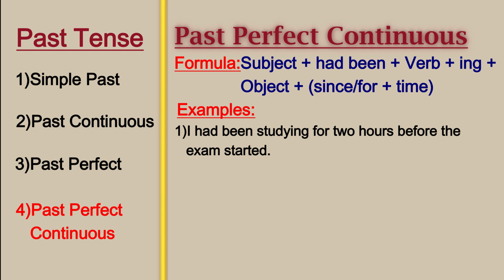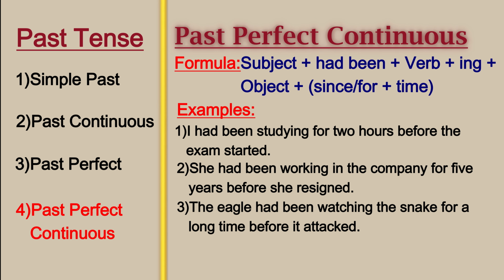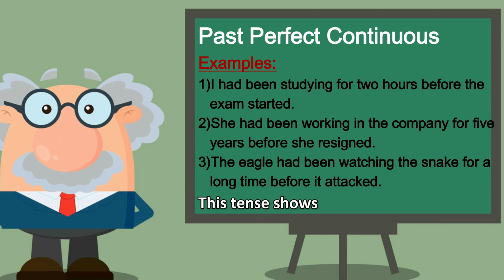Examples. I had been studying for 2 hours before the exam started. She had been working in the company for 5 years before she resigned. The eagle had been watching the snake for a long time before it attacked. In this tense, it shows how long an action continued before another past event.